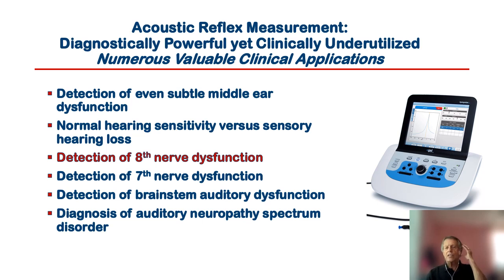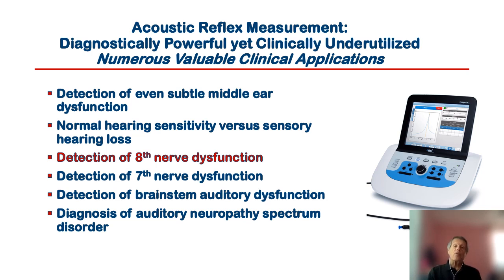"I can't use the telephone on the left ear." But then the audiogram shows relatively good hearing. Hearing's within normal limits in both ears. And you wonder, why is the patient having such difficulty using the telephone on one ear when their hearing sensitivity is normal? Perhaps even their word recognition in quiet is normal.